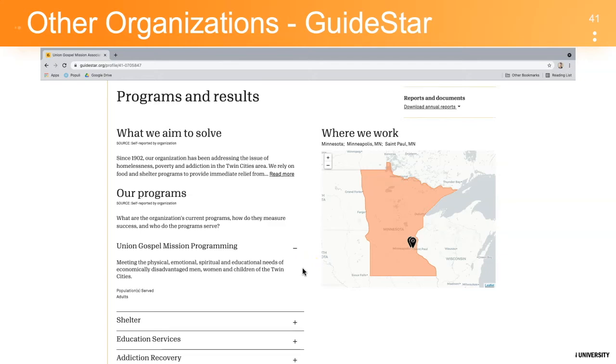So you can see down here at the bottom, you can see the shelter program, educational services, addiction recovery. There's several more fields below this that you can click on that'll show you all the different areas that they're involved in. So Charity Navigator and GuideStar are two very good resources as a beginning point to find out who is doing what you're doing and who may be at approximately the same level that you're working at.